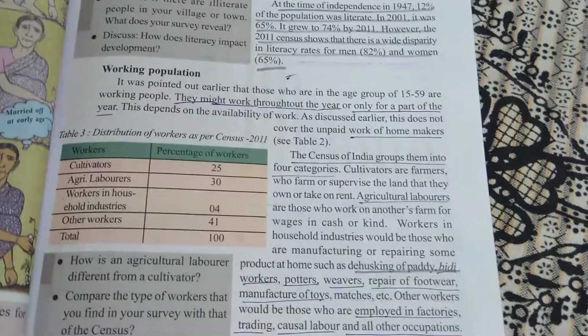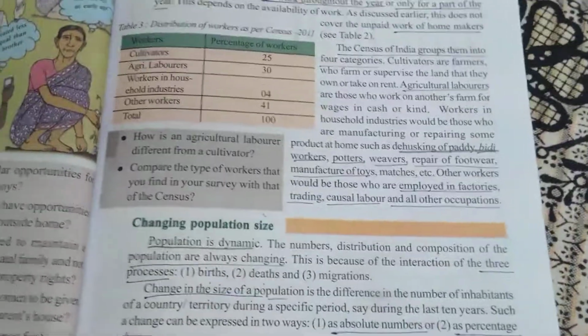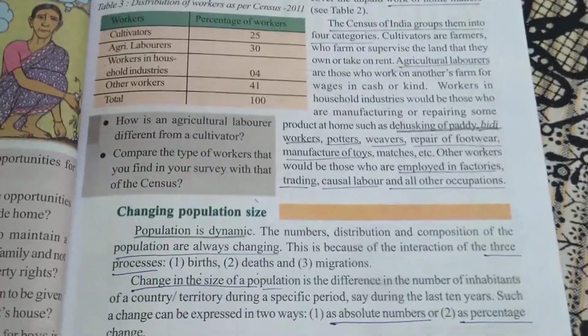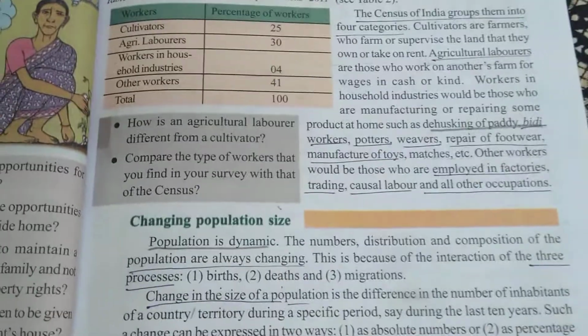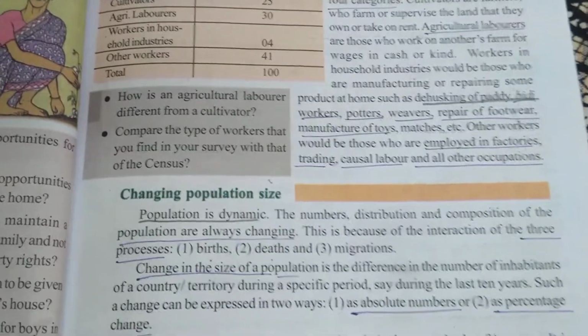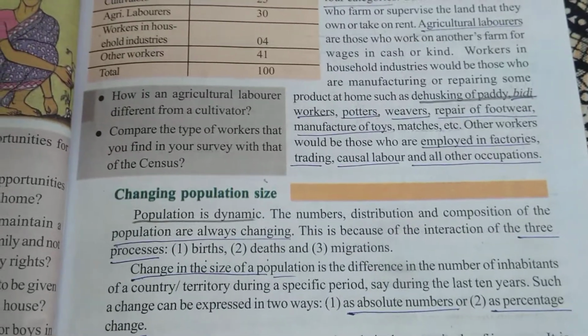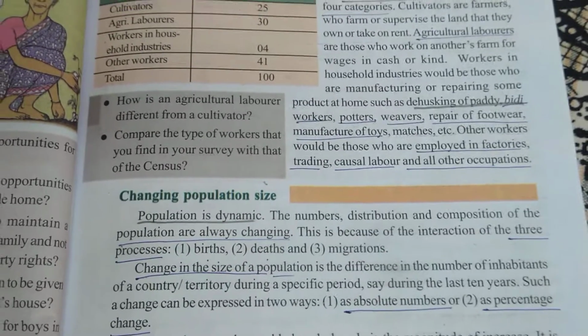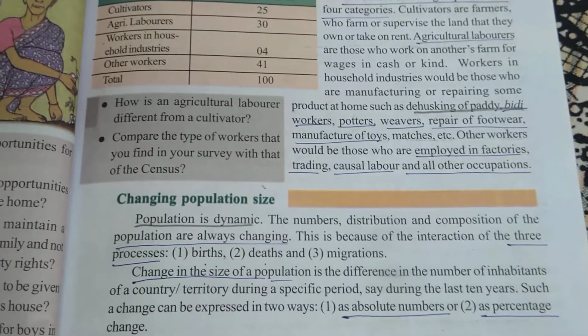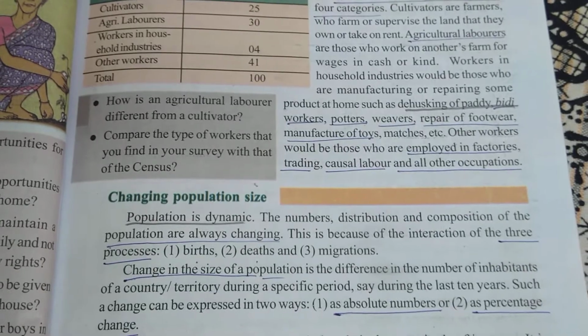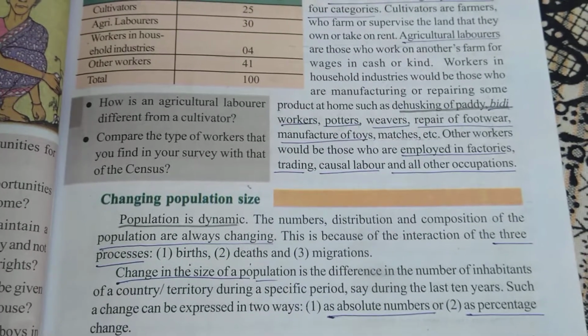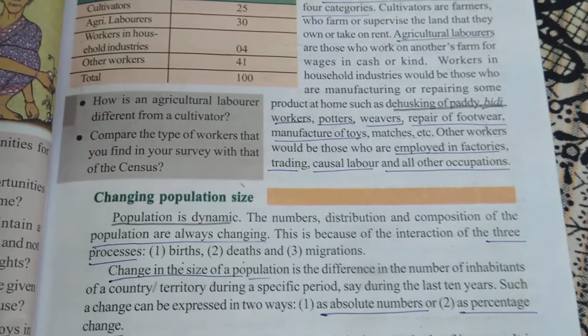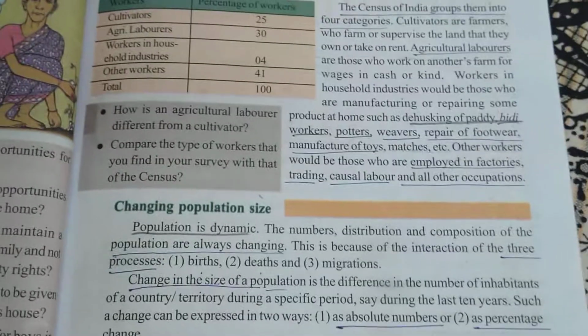Okay, next, changing population. So population always changes. That is not constant. Population is always dynamic. So the number of population may increase or decrease over a particular time. Population is always changing, either negative or positive.